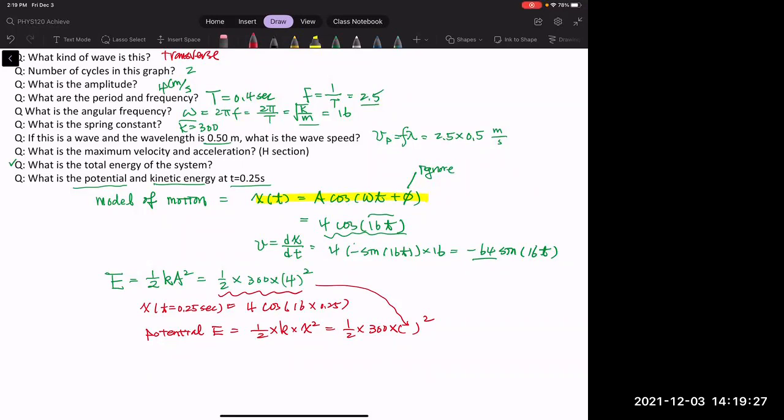I could find the velocity at 0.25, but there's another way, because the total energy is equal to the potential energy plus the kinetic energy. I know my potential energy, I know my total energy, so you can find the kinetic energy. Kinetic energy is the total energy minus the spring energy from here. Then you got the kinetic energy.